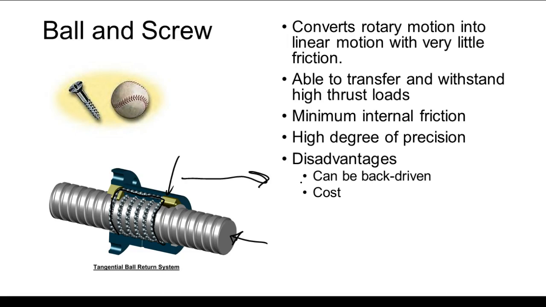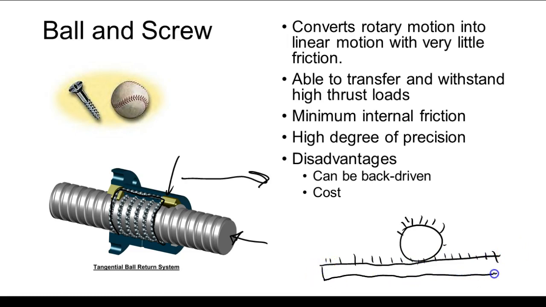We have another method we can do this. It's called a rack and a pinion, where this would be the pinion gear, and this one here would be the rack. This is referred to as a rack and pinion.